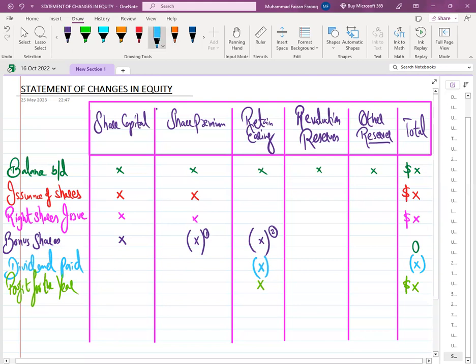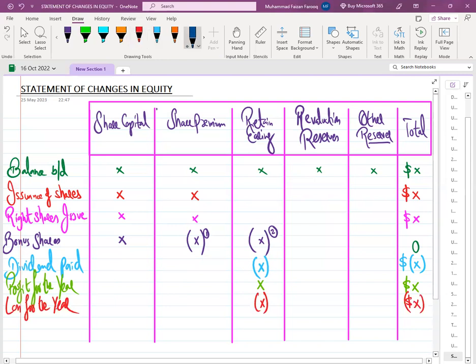What if a company has a loss for the year? Instead of profit, if it is a loss, it's going to be deducted. And remember, either profit or a loss, both cannot occur at one time.